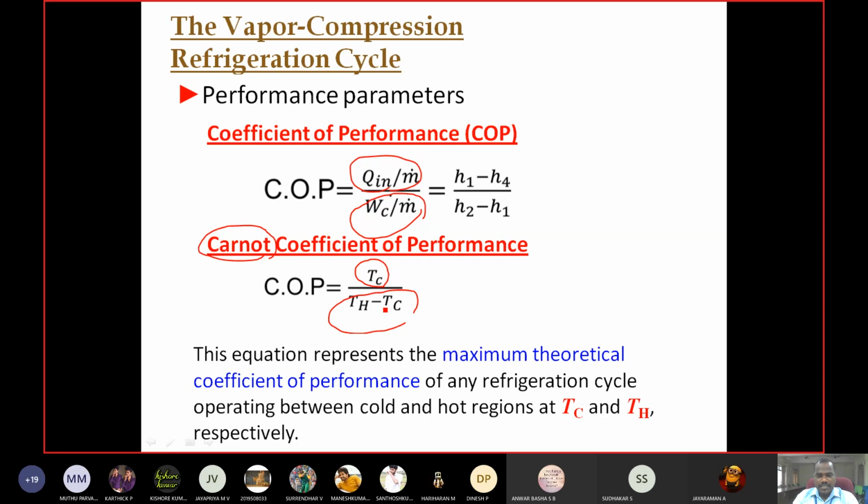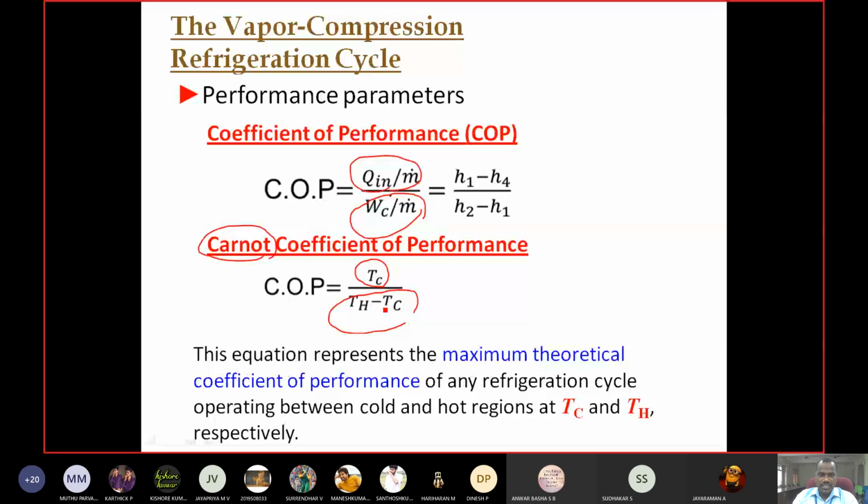Then the equation represents the maximum theoretical coefficient of performance of any refrigeration cycle operating between cold and hot regions at temperatures TH and TL respectively. So we can use the COPs in the form of both the COP and the Carnot coefficient of performance.